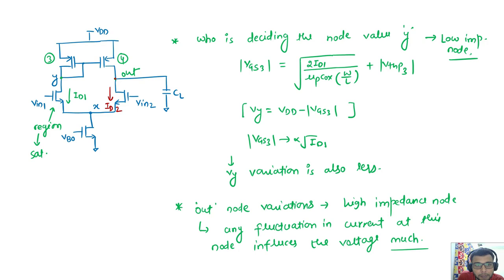Any perturbation around that point, any change in input voltage difference, influences the output node much. So there we decide the gain.